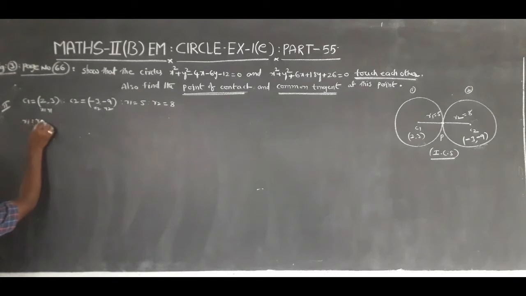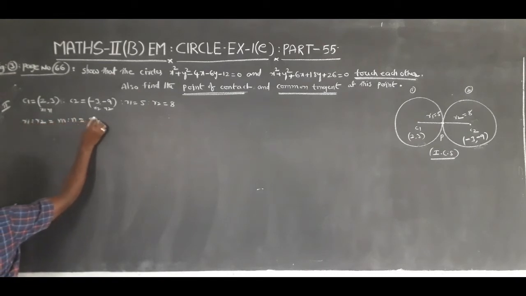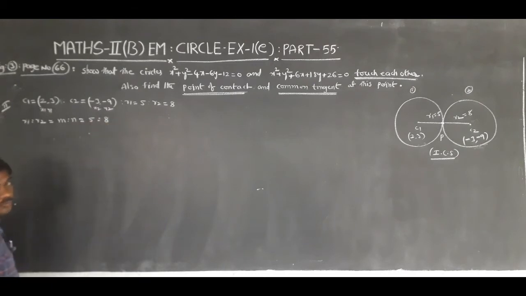Here R1 to R2 is equal to m to n, which is 5 to 8. The point of contact is called the internal center of similitude.